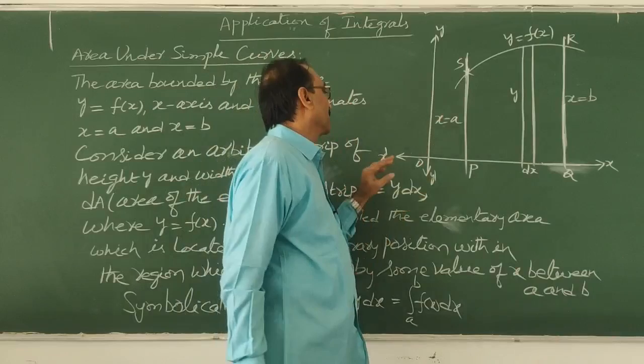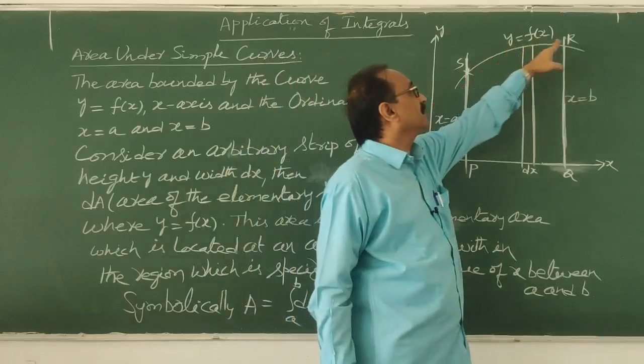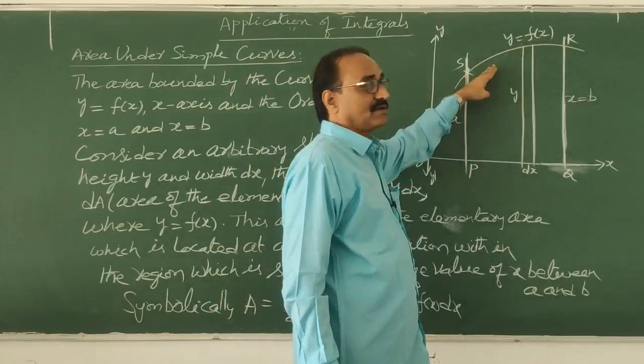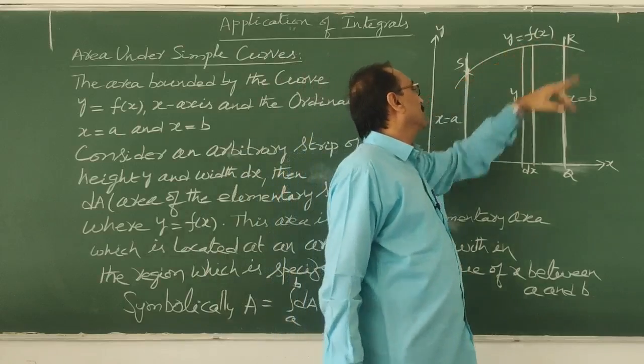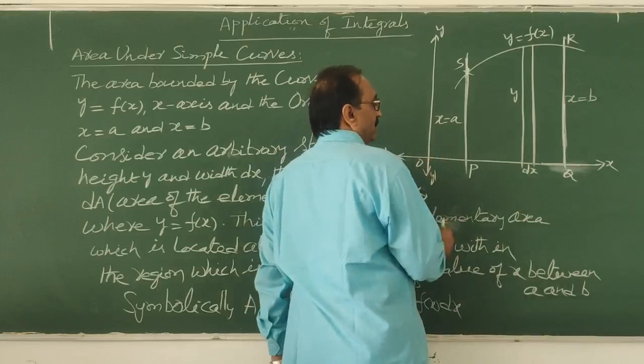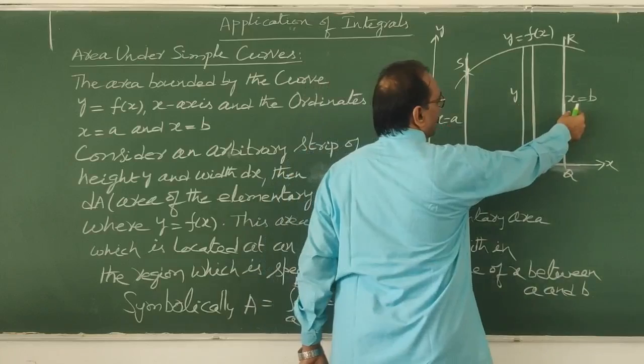You see here, this is the x-axis and y-axis, and that is a curve, y is equal to f of x. From this curve, this is x is equal to a, a line parallel to the y-axis, and this is x is equal to b.